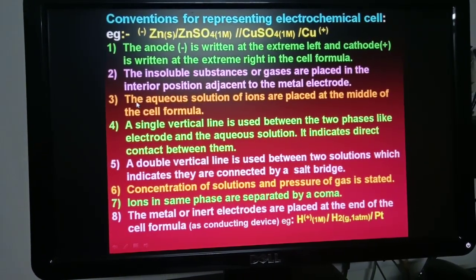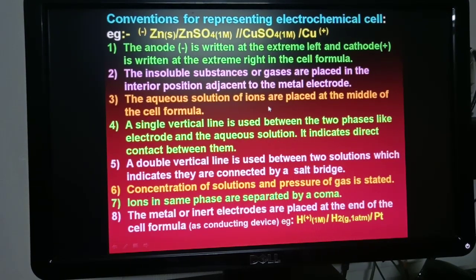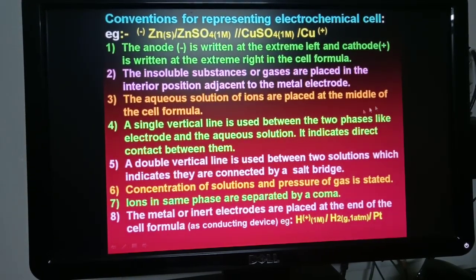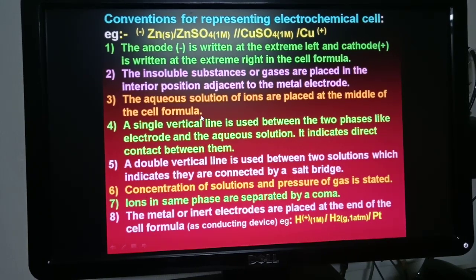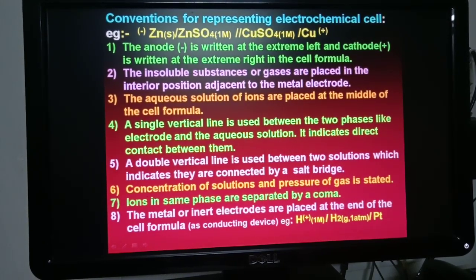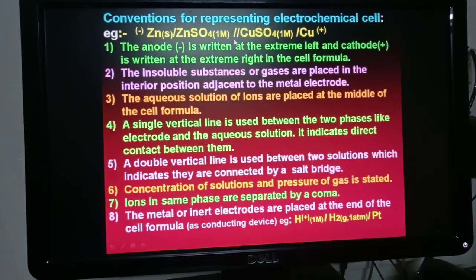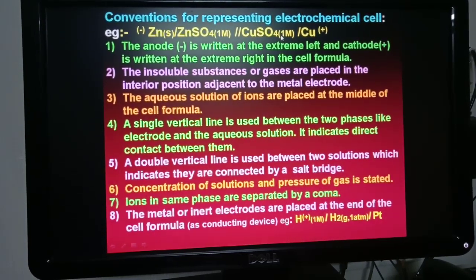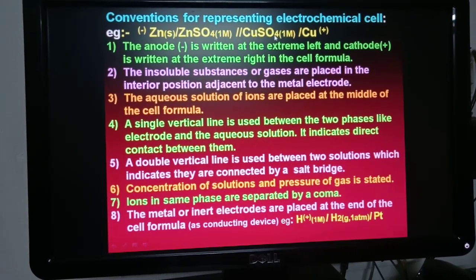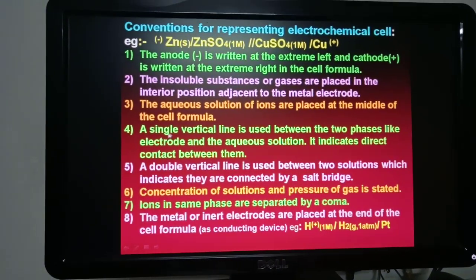The third rule says aqueous solutions of ions are placed at the middle of the cell formula. Now these electrolytes are 1 molar each in concentration. That means they are aqueous solutions, so they have been placed in the central part of the cell formula.